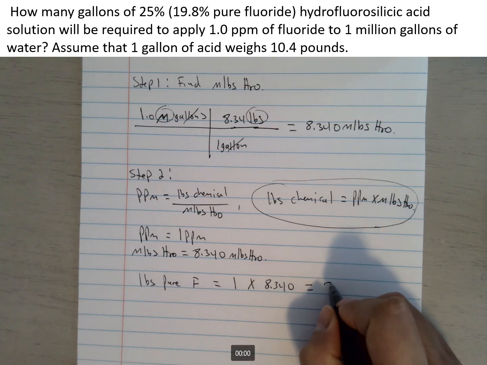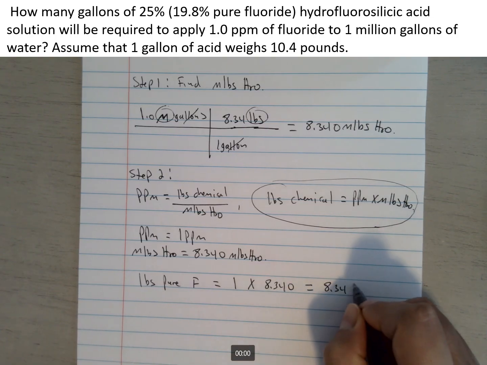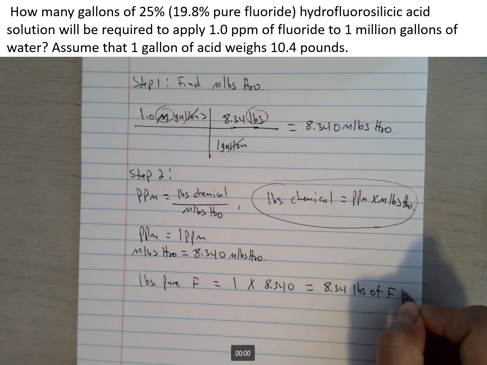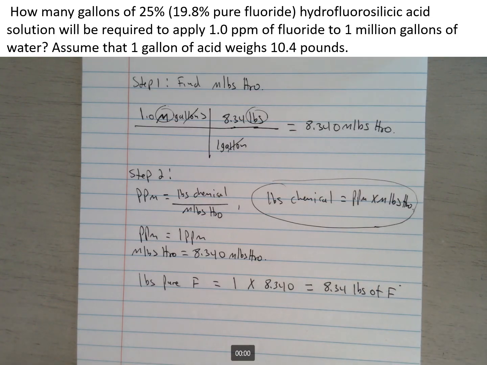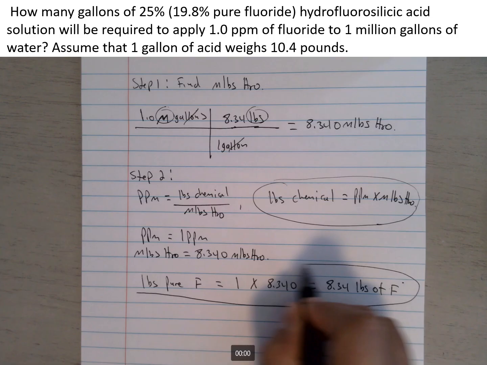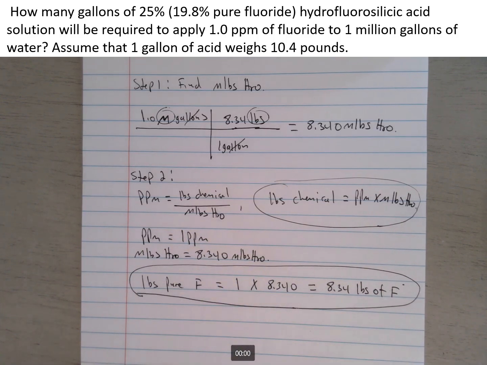That gives us 8.34 pounds of fluoride ion. So now we've found the pounds of pure fluoride ion we need.